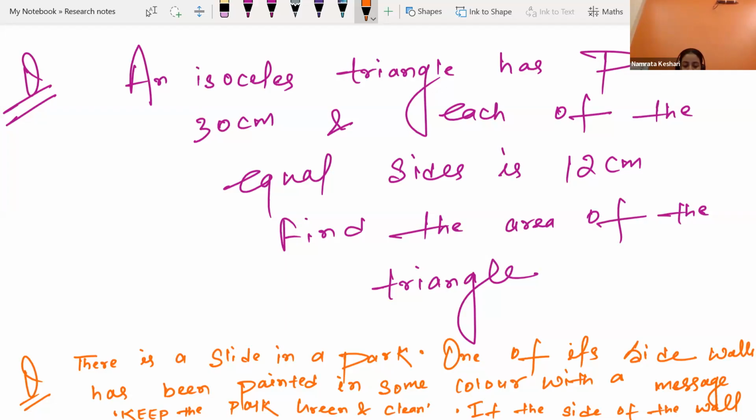Yes, Tejas, what are you getting? The answer of the first question is 9 root 15 centimeter square. Rest of the students, are you getting the same?